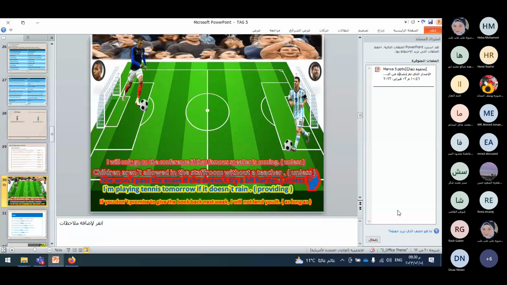And Mbappe's team, who are the guys? I'm not looking at the participants, so please unmute and tell me immediately. Okay, Miss Marwa, I'll be in Mbappe team. Miss Fathia or somebody else, or Miss Zainab? Yes, Miss Fathia in Mbappe's team. Yes, very good.